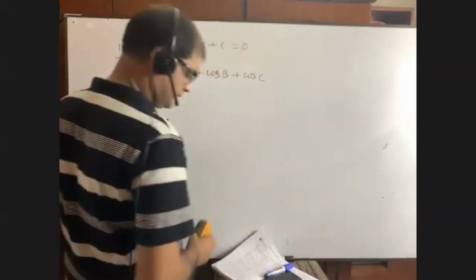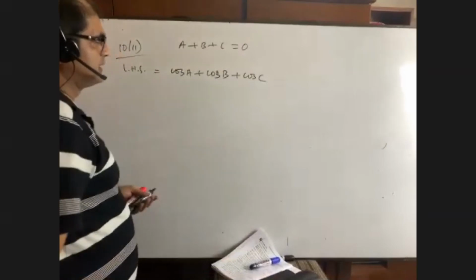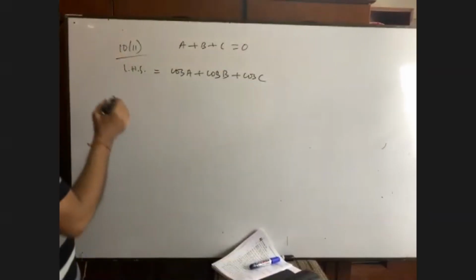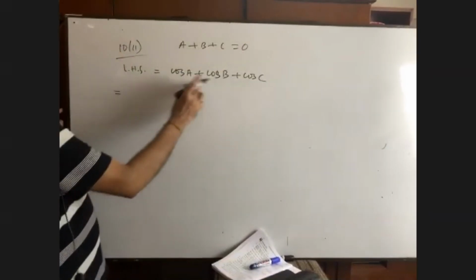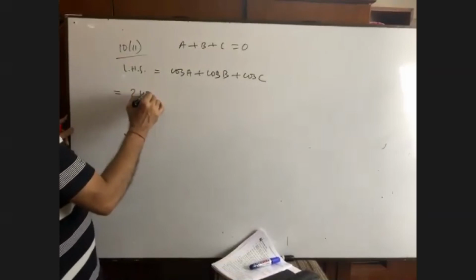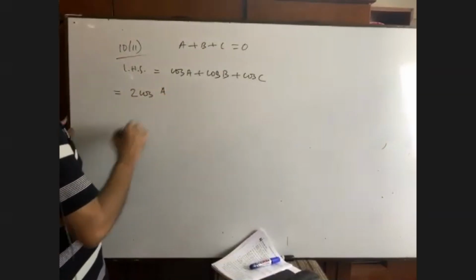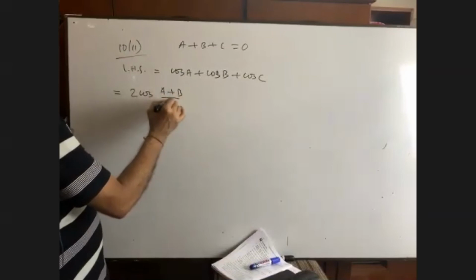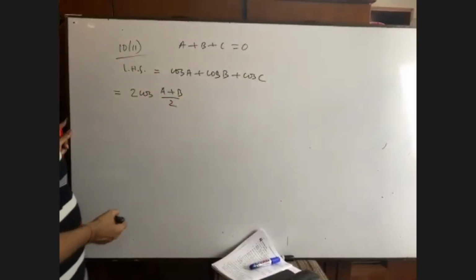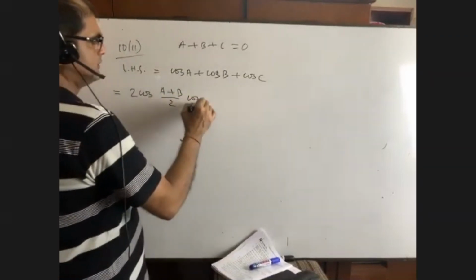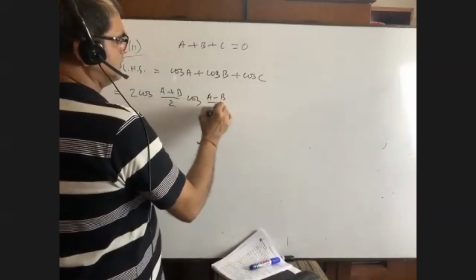What should be done? Just normal, nothing about thinking. Cos C plus cos D, let me know. 2 cos C by 2, then cosine A minus B by 2.